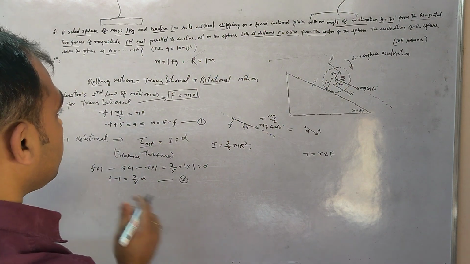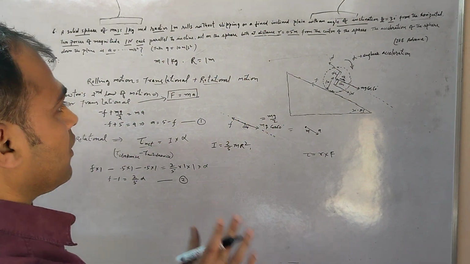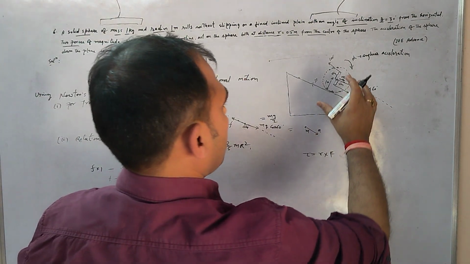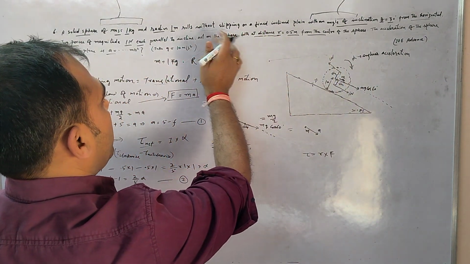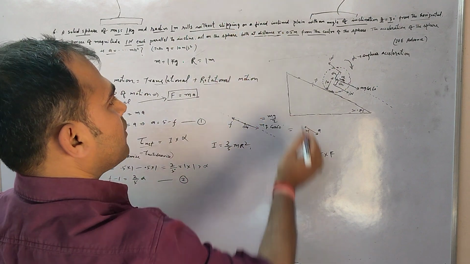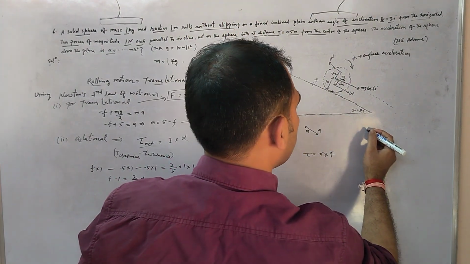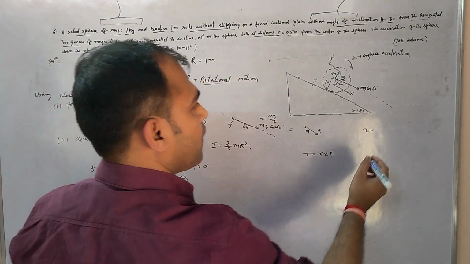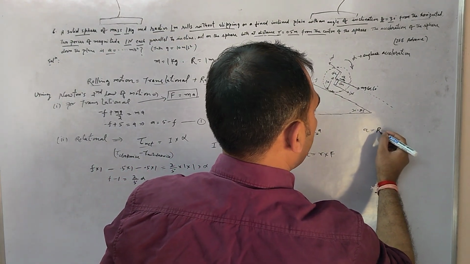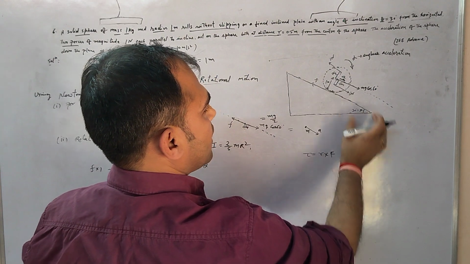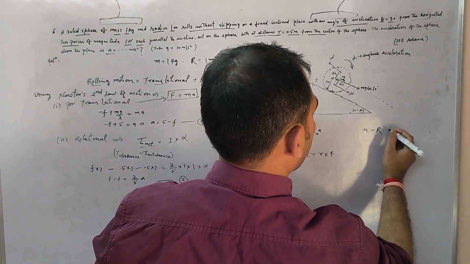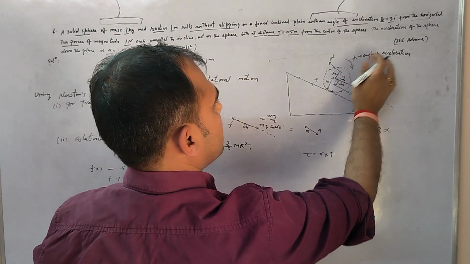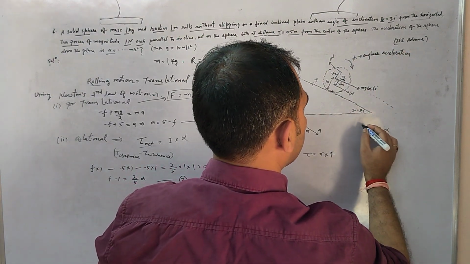Now see, as we know, for rolling without slipping, acceleration of center of mass will be equal to R times alpha, where R is the radius of this sphere, alpha, that is angular acceleration.